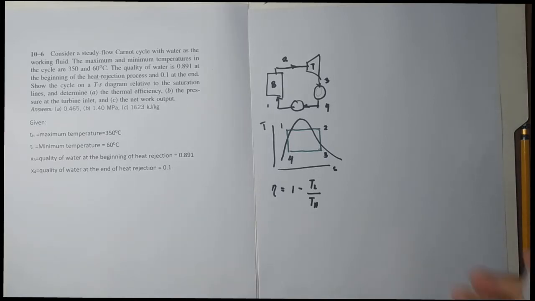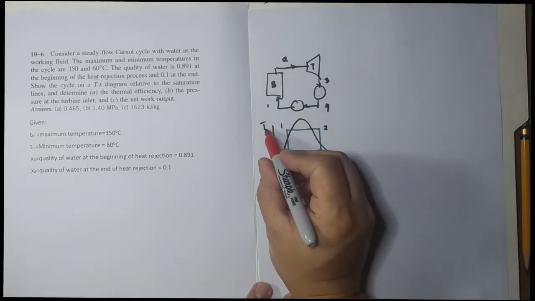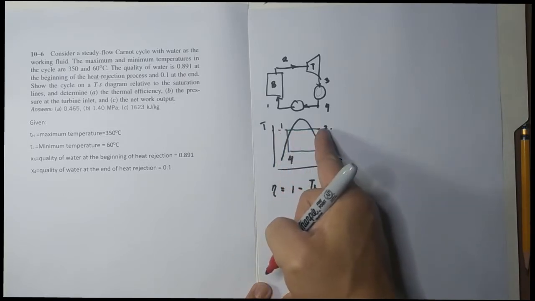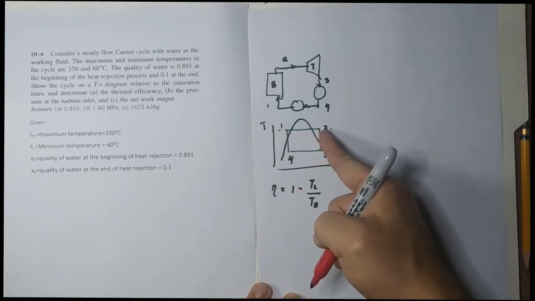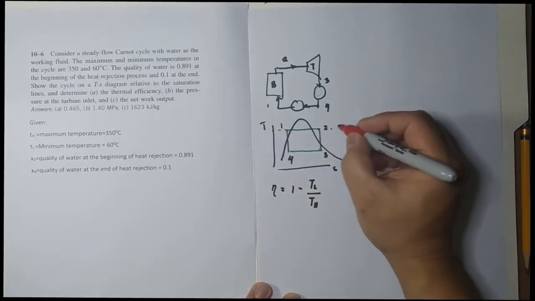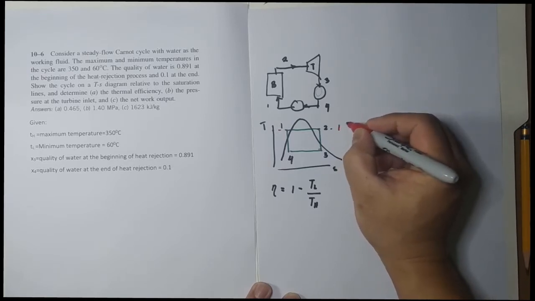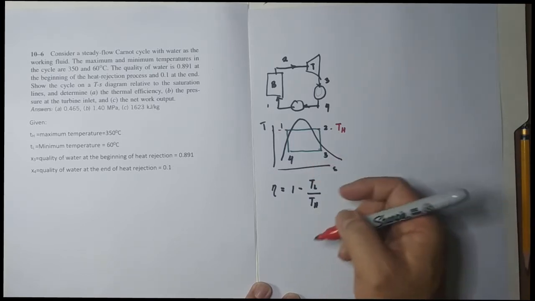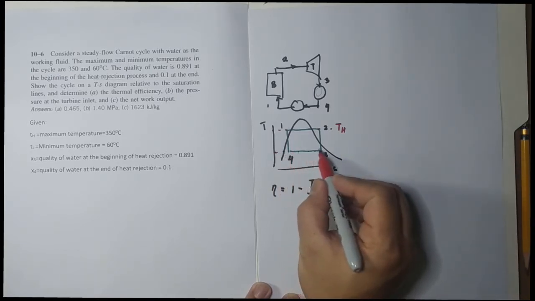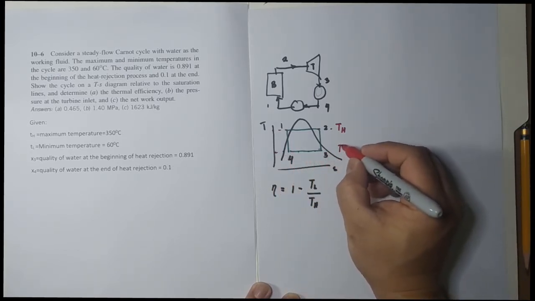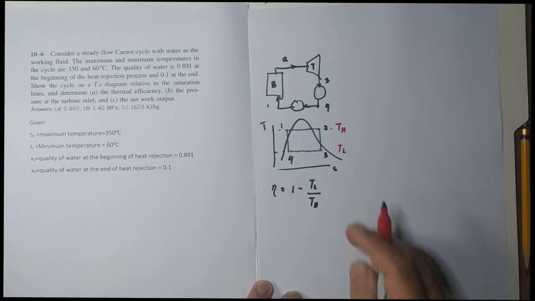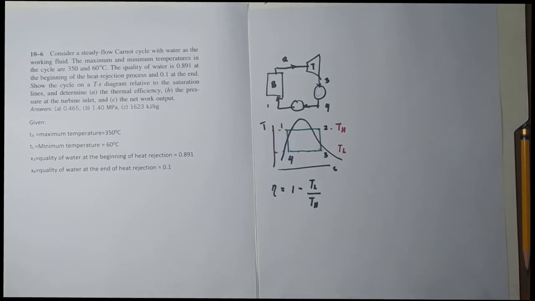We must note that this temperature at 1 and 2 is the same, that is TH, and this one is the TL. Take note, it should be in absolute temperature.